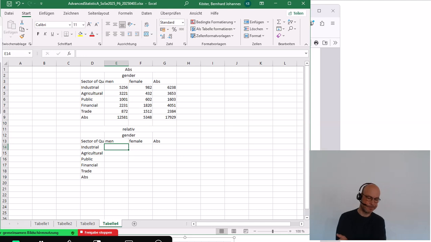Difference of the sum? I want to have a probability. This should be maybe in percent. So we have 5,256 people which are men and have a qualification in the industrial sector. What is the proportion out of our whole data set? Since we have 17,929 people.